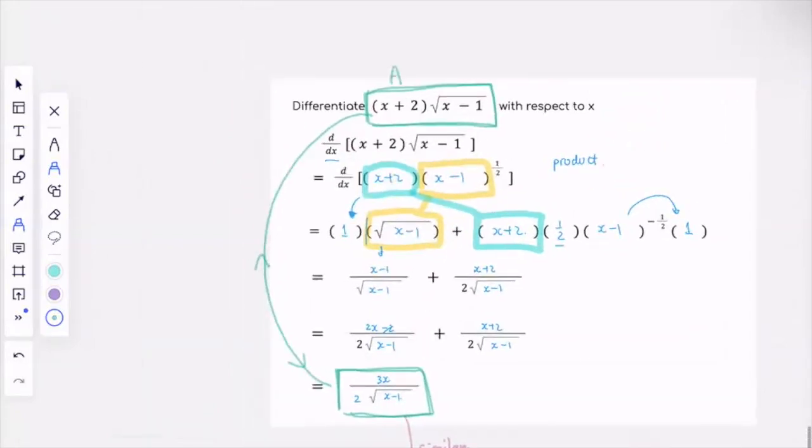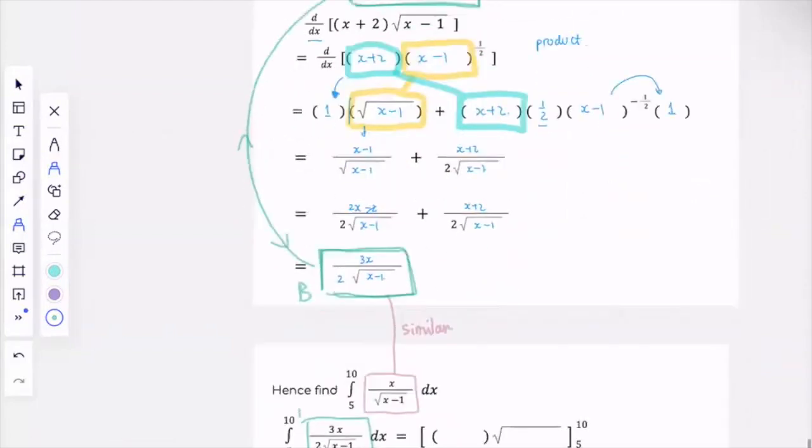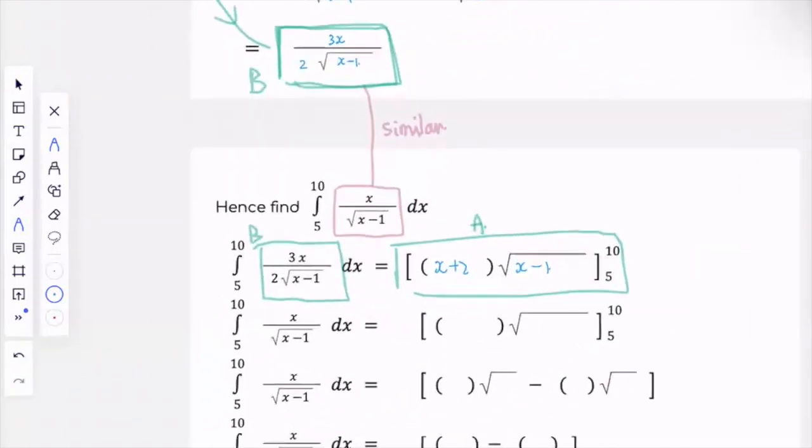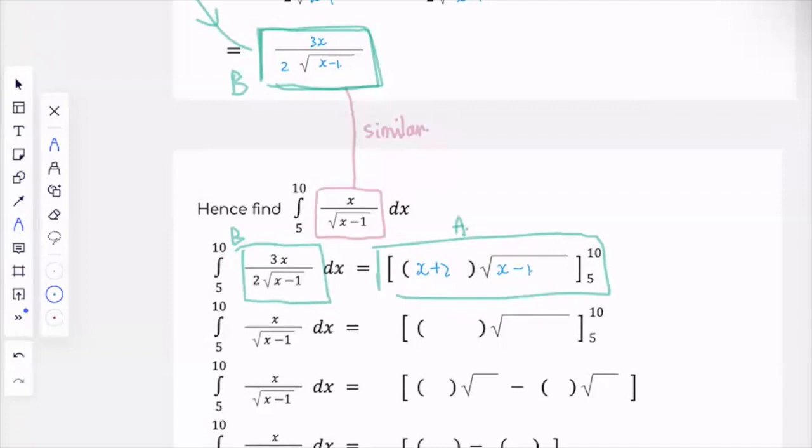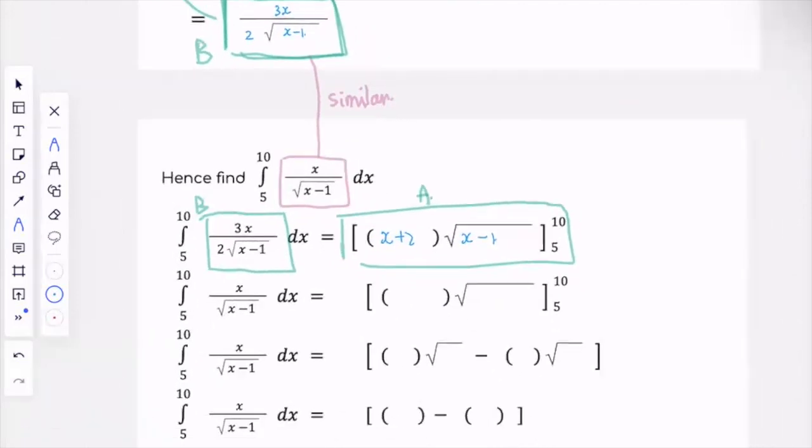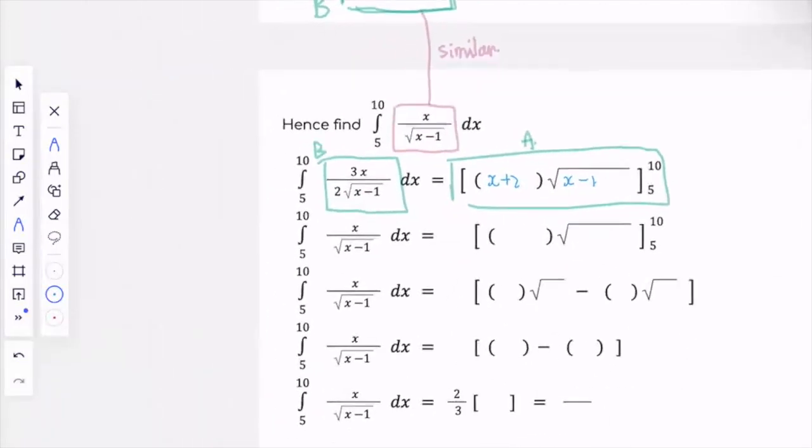Like if you differentiate a, you get b. If you integrate b, you're going to get a. And what is a? We just copy that: x plus 2 times root x minus 1, as a definite integral with the lower limit 5 and upper limit 10. So we must put the limits also here.